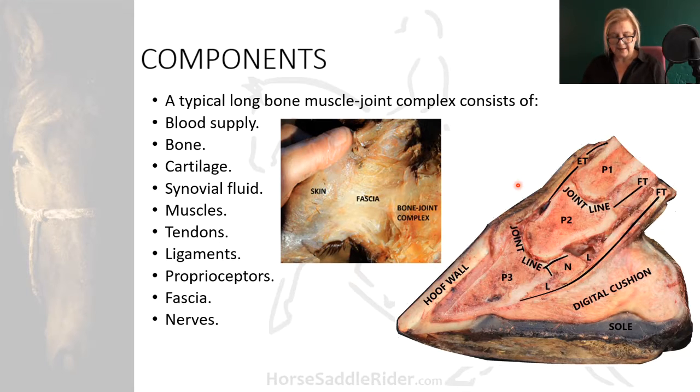This is a median section through an intricate mature equine foot showing bones, 4 bones: 1, 2, 3, 4, with the navicular bone, their joint lines, flexor tendons, superficial here, deep here, and 2 ligaments here and here, representing a supreme biomechanical force transmission strategy.